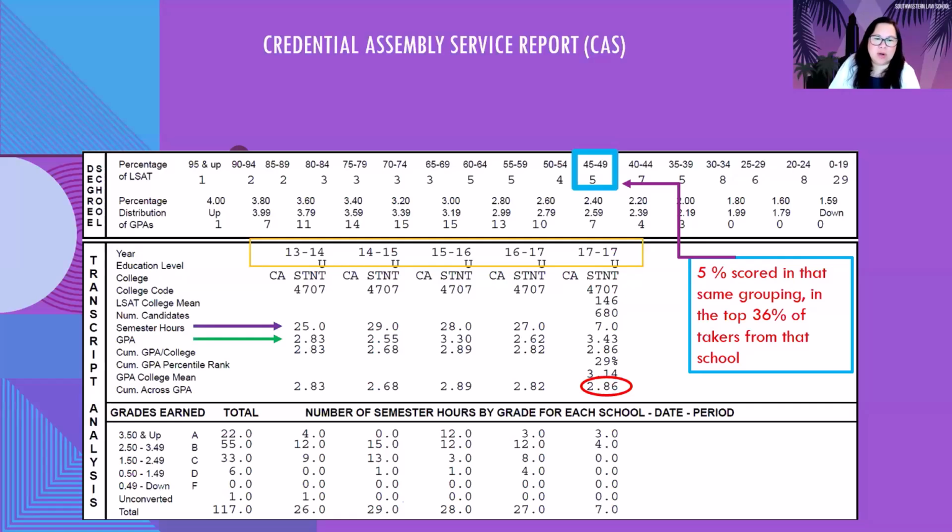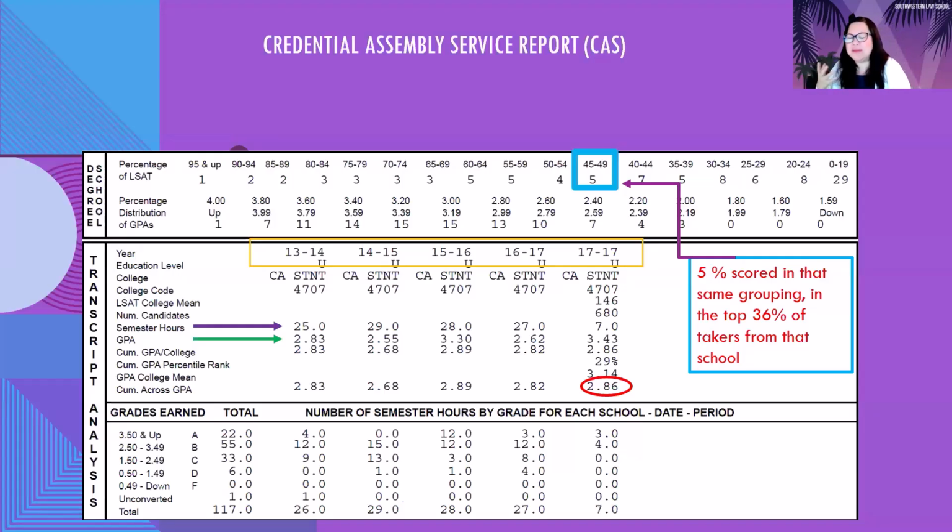In the degree school row, which is at the top, you'll see there's a bunch of little tiny numbers, but we got a 95 and up, 90 to 94. And if you slide all the way to the right, 0 to 19, this is supposed to tell us that, in this example, I just highlighted the 5% of students from this university over 3 years, this is a 3-year period, were in the top 36, and I get to 36 by just doing the math there, that 45 to 49, where that falls is 36 test takers from that school.